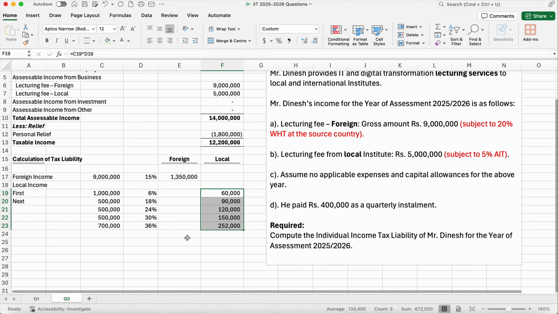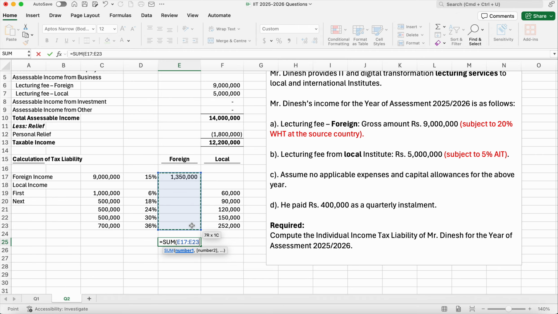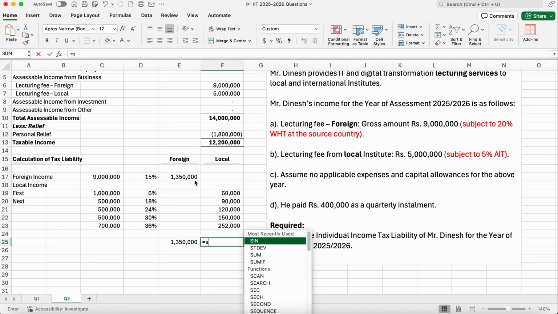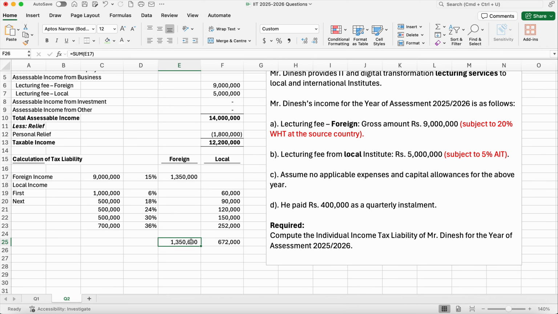Then I will total both, the tax liability under the different sources, foreign source here, and then the local source, these three, yeah, and let's say income tax liability, all right?